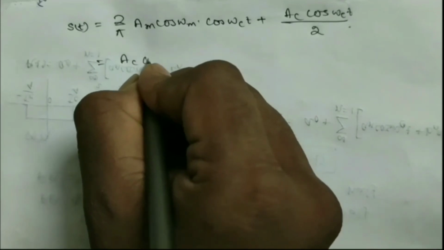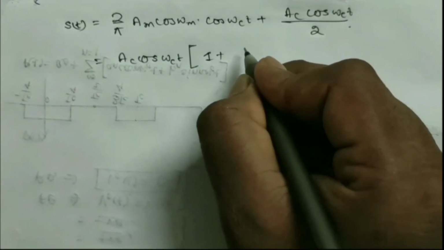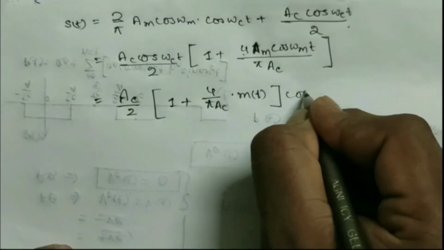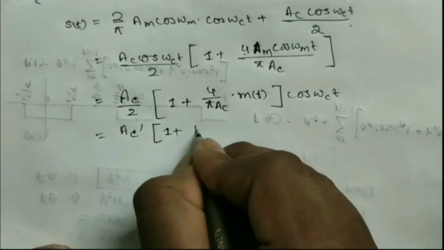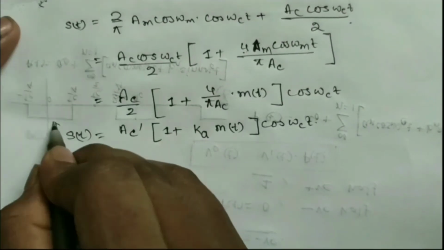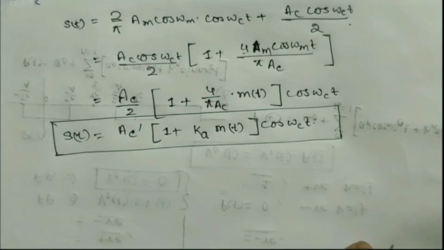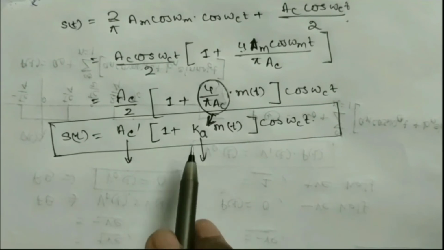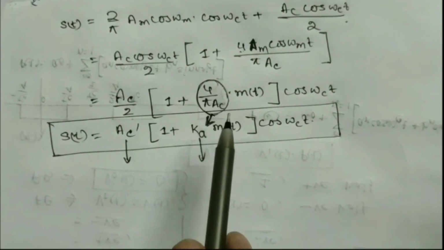Taking Ac cos omega c t common, we will be left with 1 plus this. So our output is this, which is equivalent to the modulated signal in amplitude modulation, where Ac dash is the modified amplitude and ka is a constant which is equivalent to the inverse of the amplitude of the carrier signal.